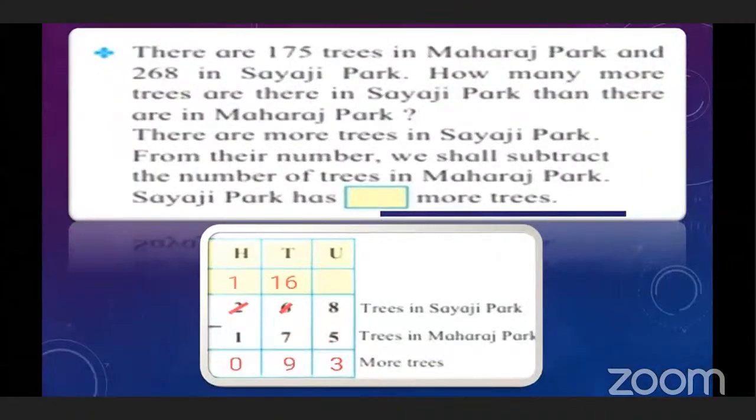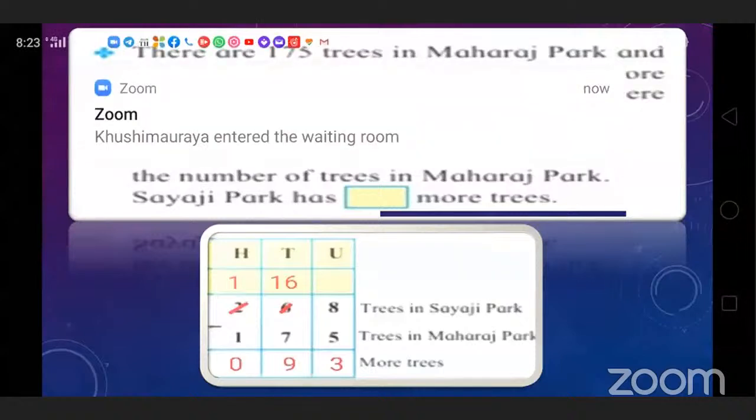This is one of the examples from your textbook. I will read it for you, and I have solved this for you here. Okay, students, listen carefully. I will explain this sum to you. There are 175 trees in Maharaj Park and 260 in Sayaji Park.